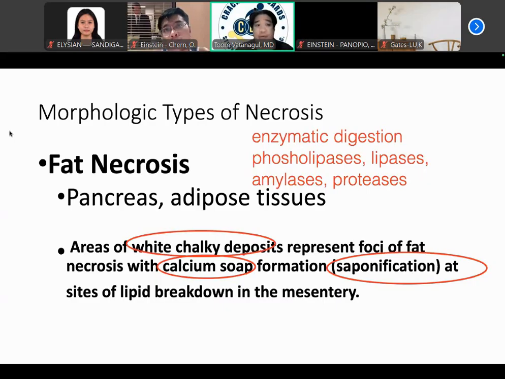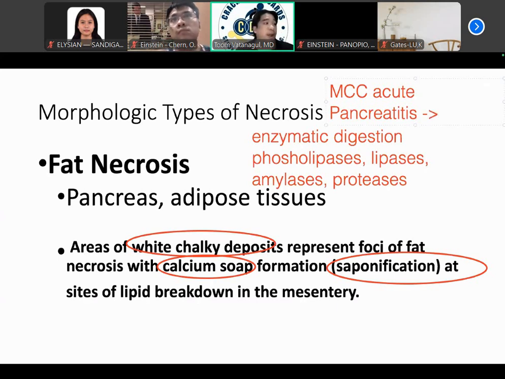Okay, now, question. What is the most common cause of acute pancreatitis? Acute pancreatitis is gallbladder stones.